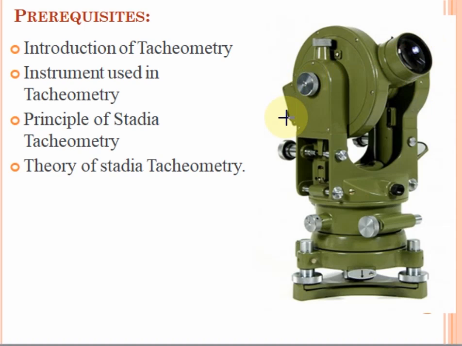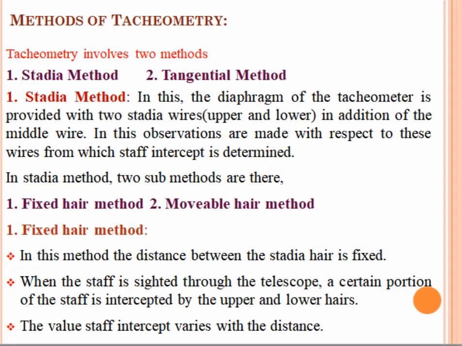You can bisect your object, namely your leveling staff, directly, and you have to get three readings: upper, middle and lower readings. Using these readings, put them in the formula and find out the length from the instrument station to your object.